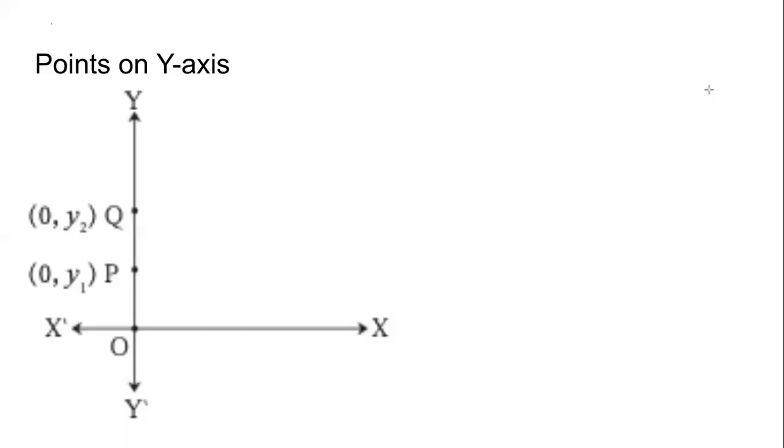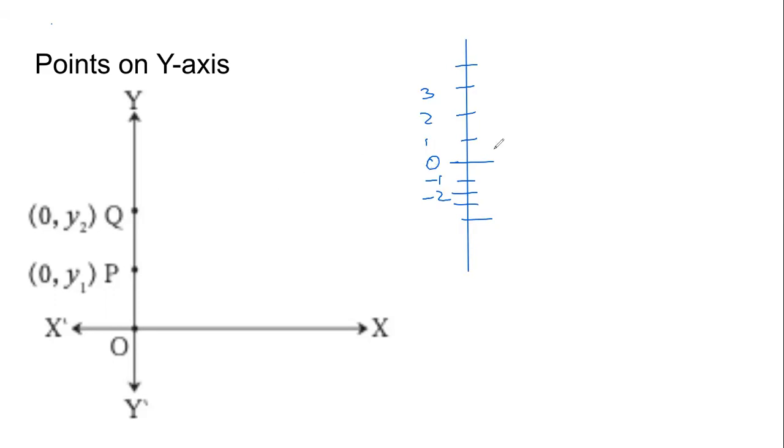The y-axis is the vertical axis. So here also there is a 0, there is a positive side, there is a negative side. So suppose this is the 0 point. Below that we have negatives, -1, -2 and all that. Above that we have 1, 2 and all that.